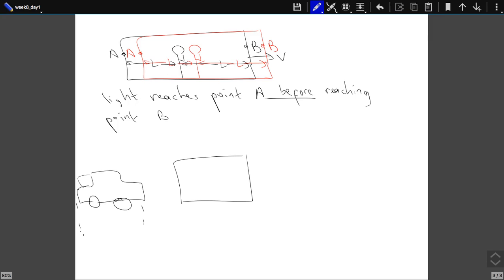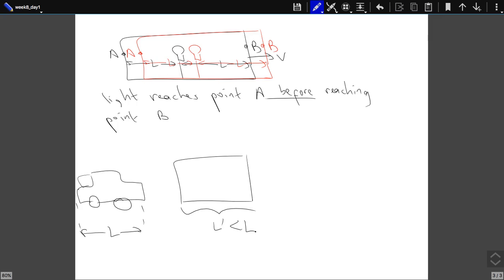The car has a length, let's say, L, and your garage has a length L prime, which is less than L. So if the car is moving fast, close to the speed of light, it will Lorentz contract, it will get shorter, and if it gets shorter, it can fit in the garage.